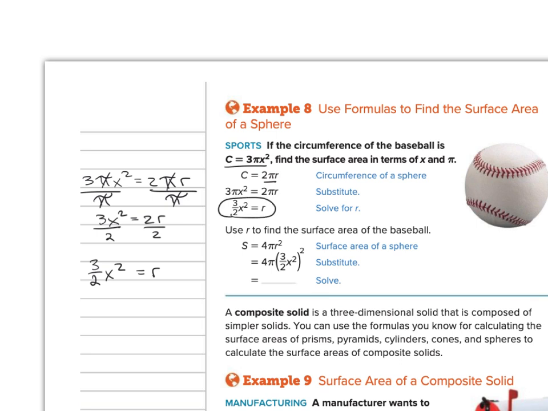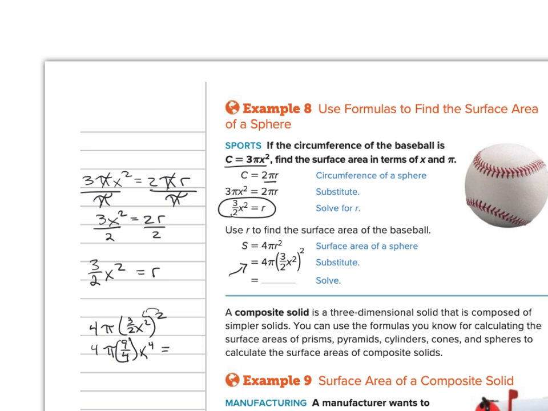And then once you know the radius, you just plug it into the equation and follow through with the formula. So if I have, in this case, 4 times pi times 3/2 x squared, remember this squared goes to everything, so I have 4 times pi times 9/4 times x to the 4th.